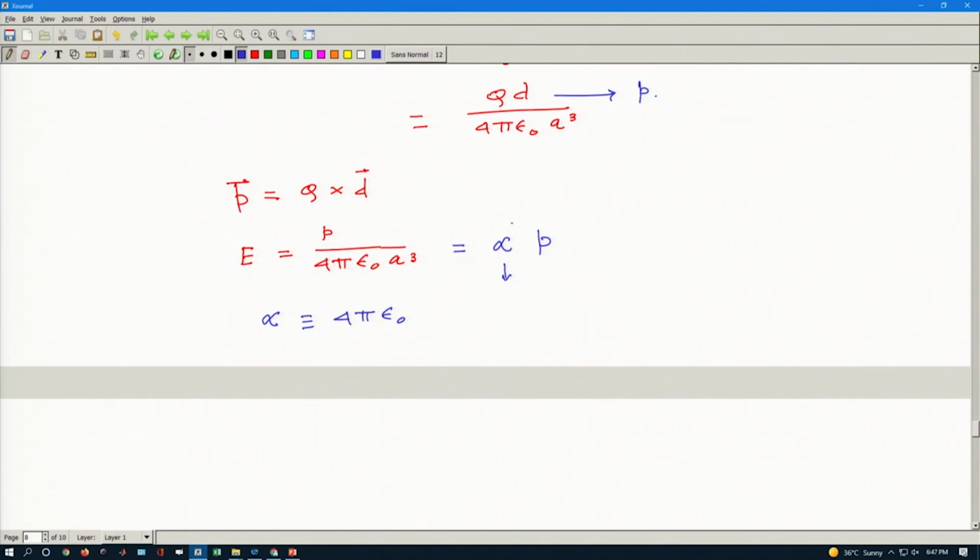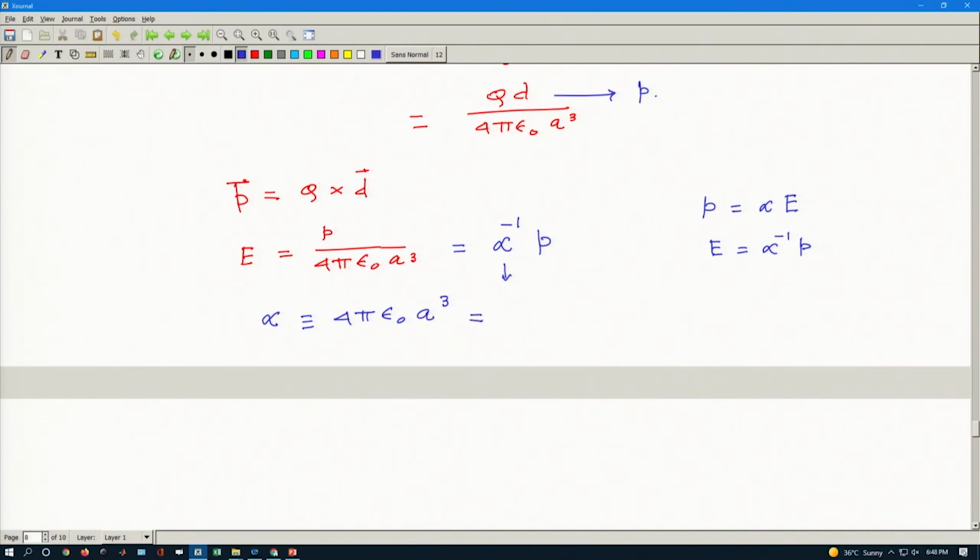The formula is P is equal to alpha E, so E is equal to alpha inverse P. What I calculated is alpha inverse equal to 1 by this. So, alpha is equal to 4 pi epsilon 0 a cube, and that is eventually the value.